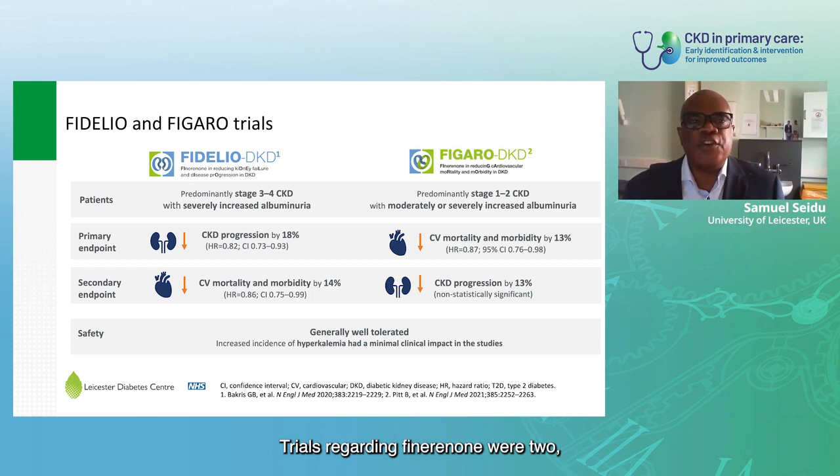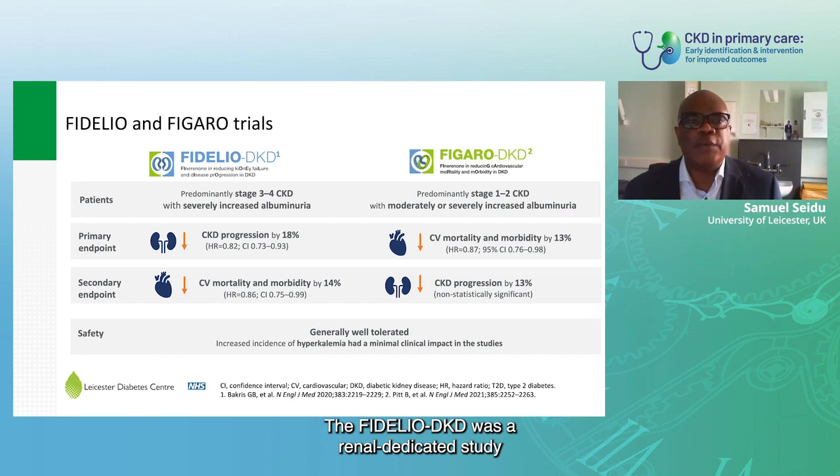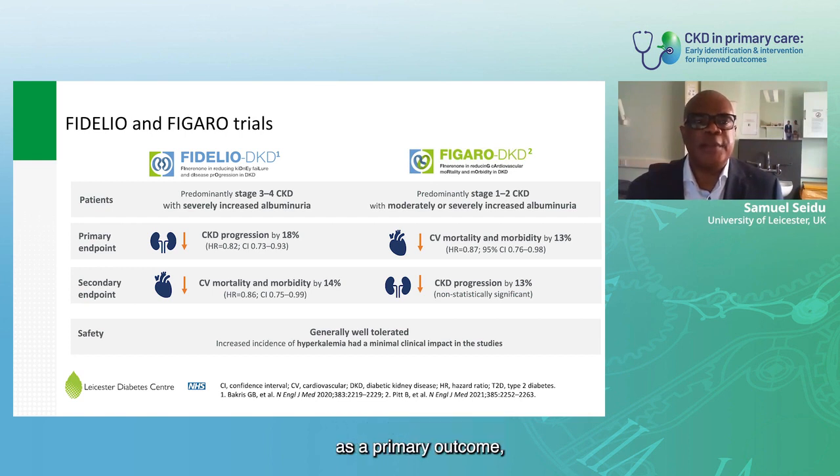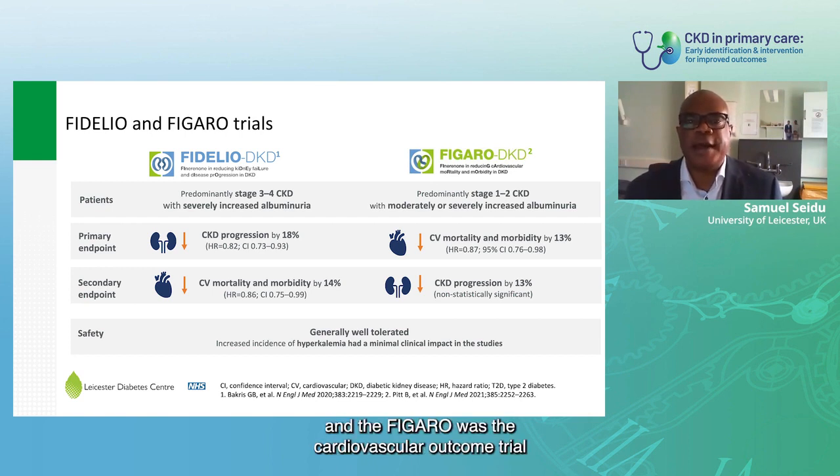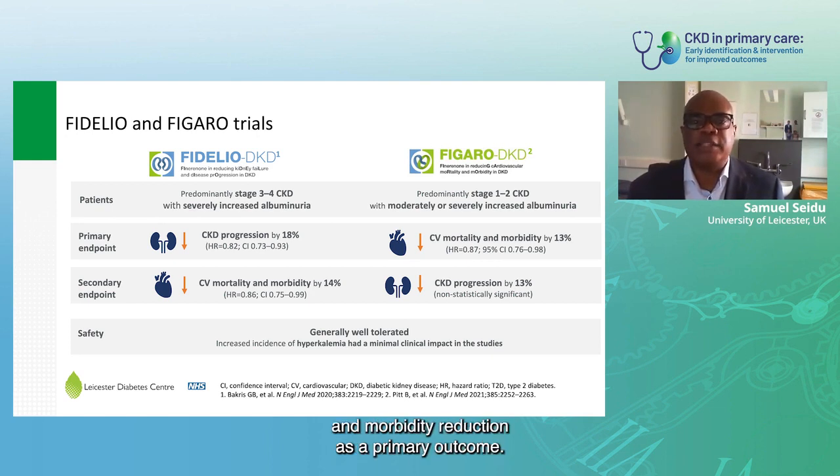Trials regarding finerenone were two, FIDELIO-DKD and FIGARO-DKD. FIDELIO-DKD was a renal dedicated study which looked at chronic kidney disease progression as a primary outcome. And FIGARO was a cardiovascular outcome trial of that drug, which looked at cardiovascular mortality and morbidity reduction as a primary outcome.